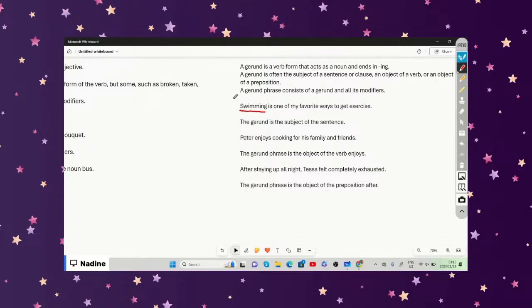And here it's acting as a subject. So, swimming is one of my favorite ways to get exercise. And over here, we see that the gerund is the subject of the sentence.